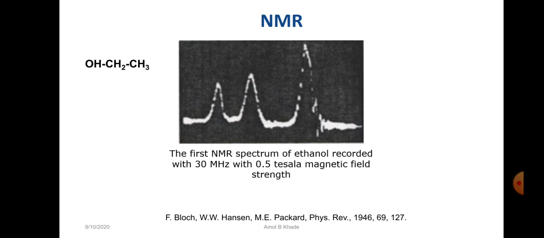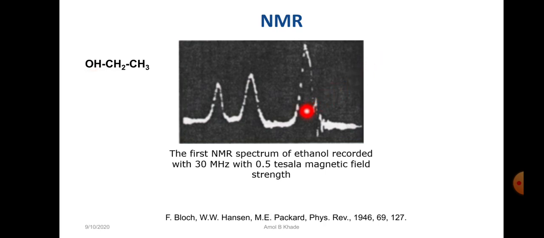By today's standard, this is a very rough or unacceptable spectrum, but at the first instance in the year 1946, this was a very useful technique, and this was the spectrum recorded for the simple ethanol molecule having CH3, CH2 and OH protons.